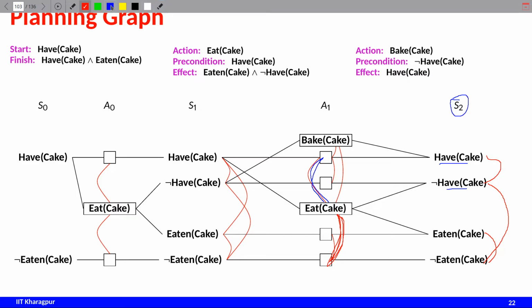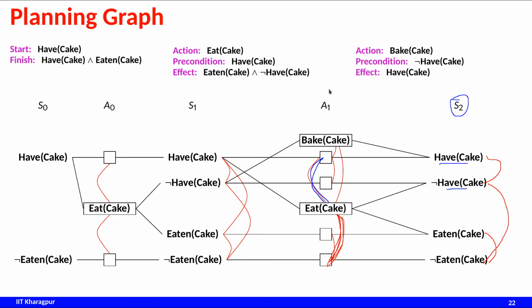Now let us look into the situation that we have seen earlier, like have cake and eaten cake. Earlier these two literals were mutex, but what is the situation now? An interesting thing to note here is that have cake and eaten cake are my subgoals individually, and these two together can achieve the goal state.